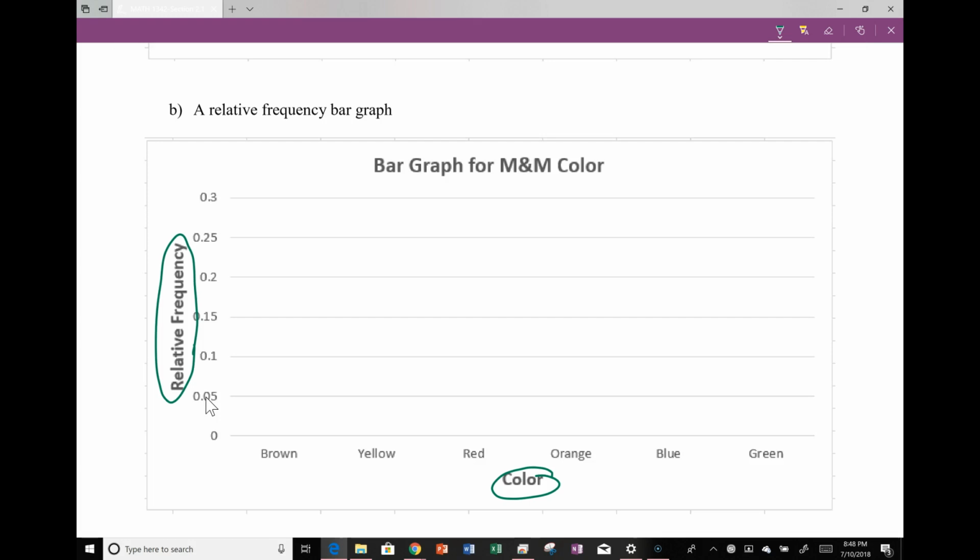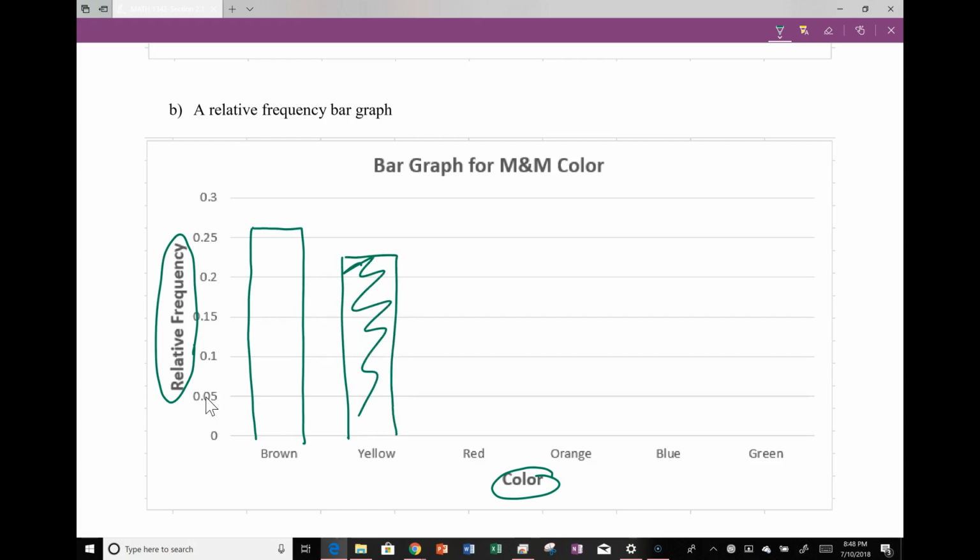And so on the relative frequency, which we calculated, for brown the relative frequency was 0.267. Well, 0.267 is a little bit above 0.25. And for yellow, it was 0.222. So it's going to be about in the middle here.